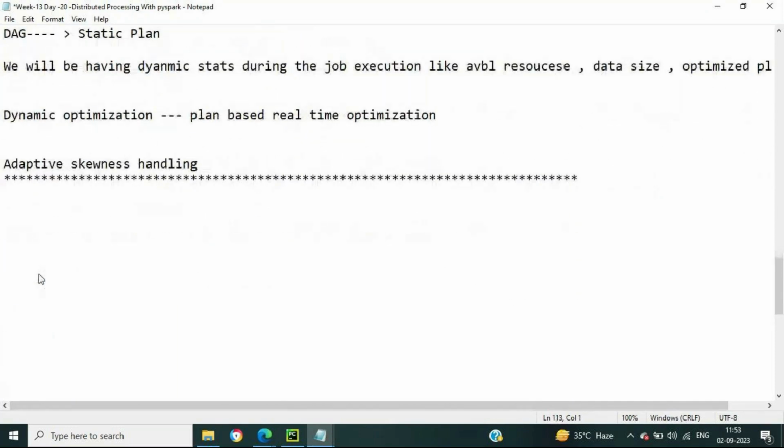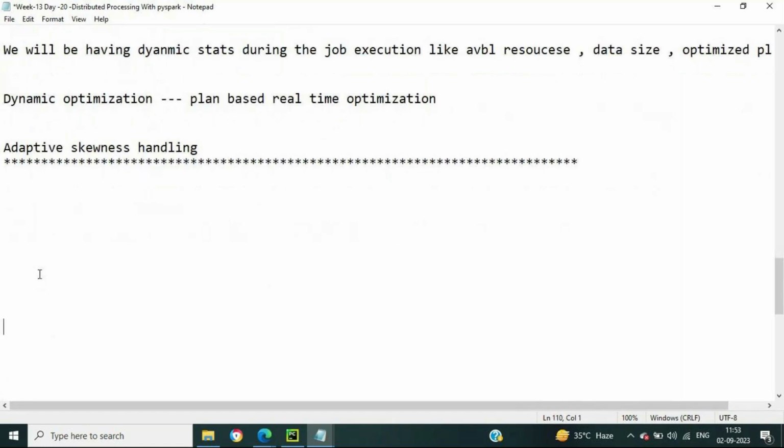Now, for adaptive skewness handling, we can take an example.